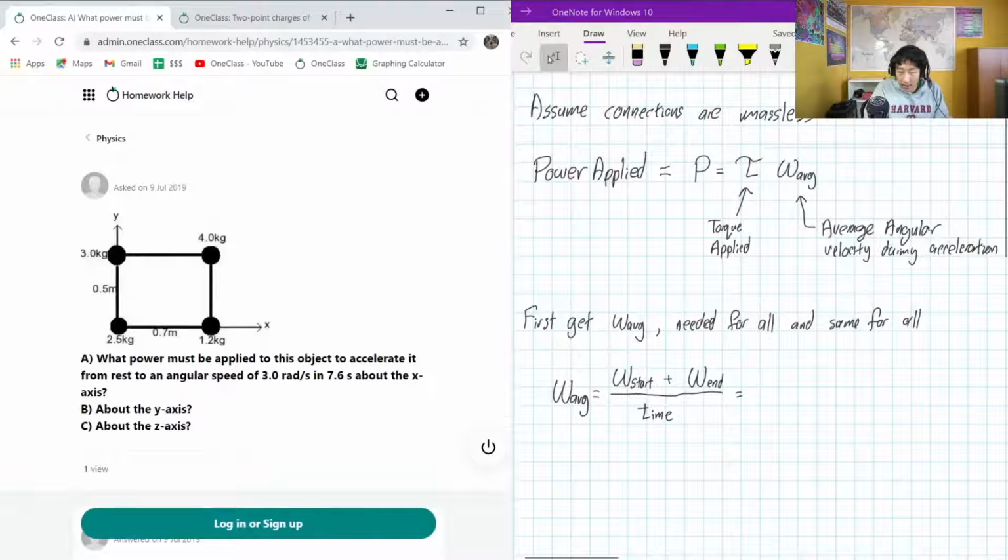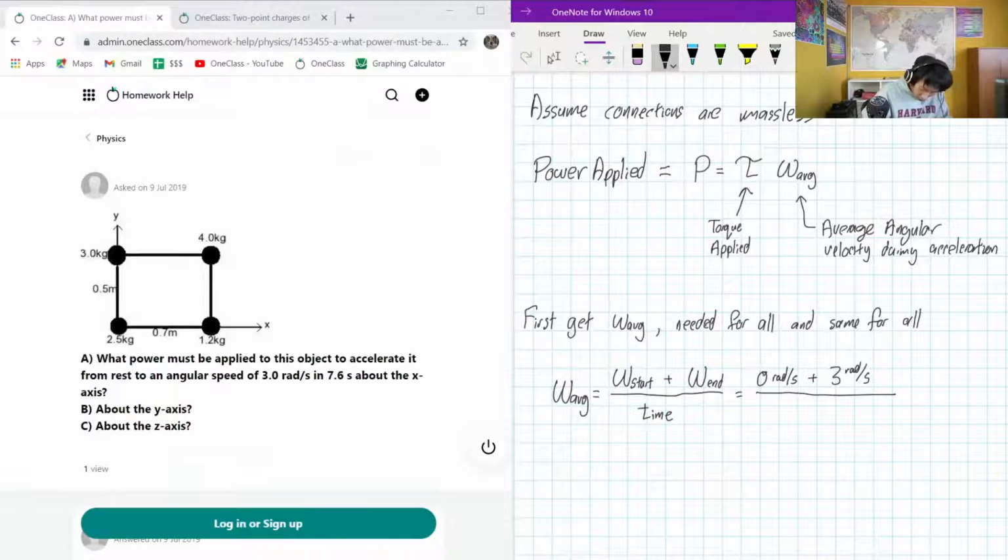So rest means it has a starting angular velocity of 0, plus the angular speed of 3 radians per second.